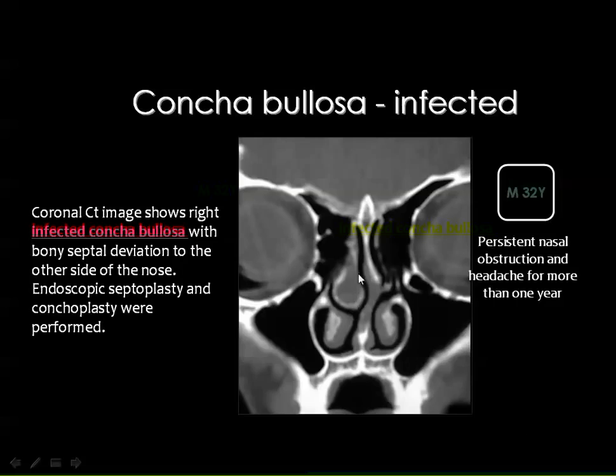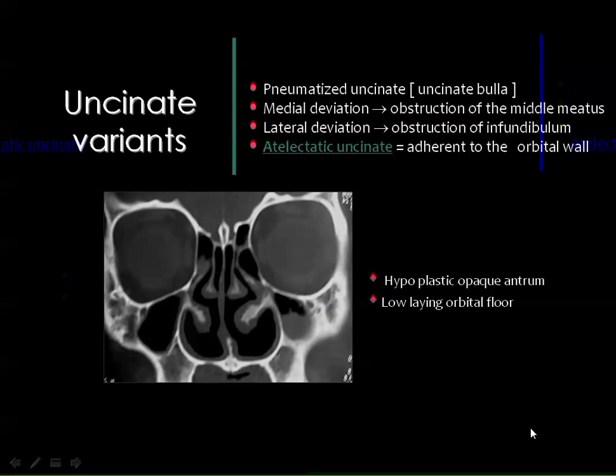Then you'll see that air will be replaced by secretions. Then you know that this is concha bullosa that is secondarily infected. And one of the variants concerning the uncinate process is that it can be pneumatized.